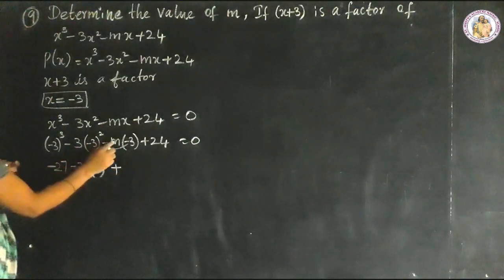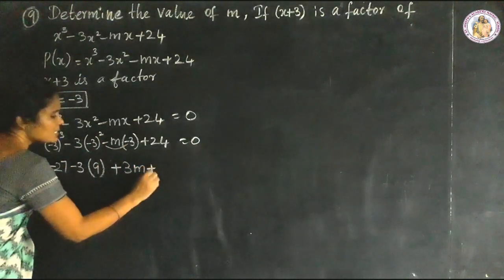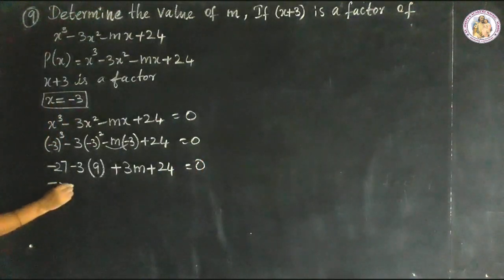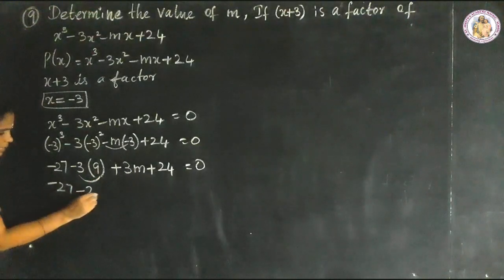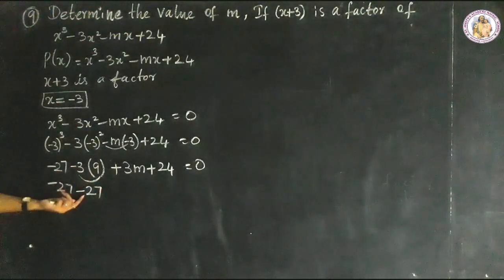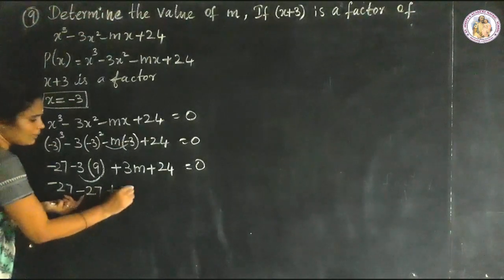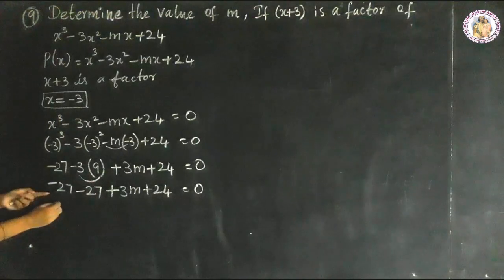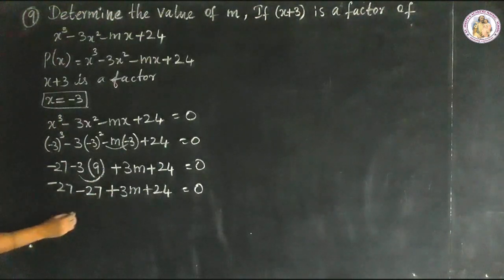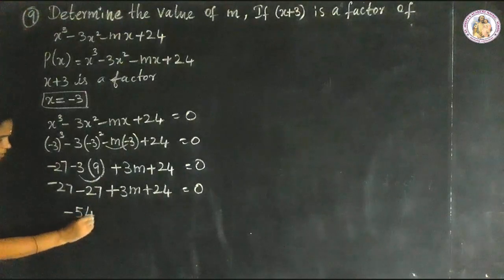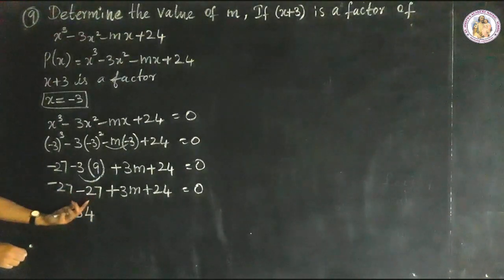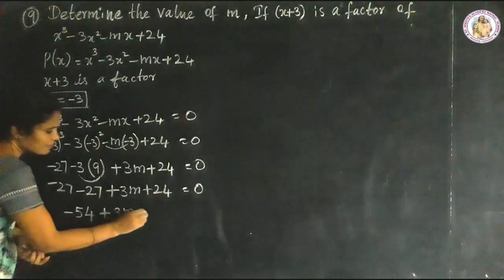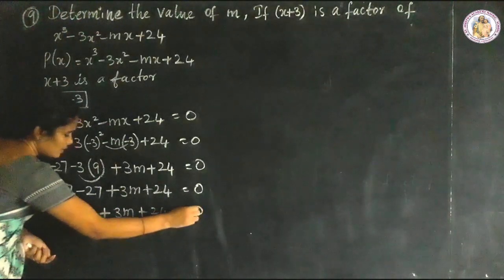Minus into minus plus, m into 3, 3m plus 24 is equal to 0. Minus 27 and 9 3s are 27, minus 27 minus 27, plus 3m plus 24 is equal to 0. In the next step, minus 27 minus 27. Add both, so 27 plus 27, 54, same sign minus, plus 3m plus 24 is equal to 0.